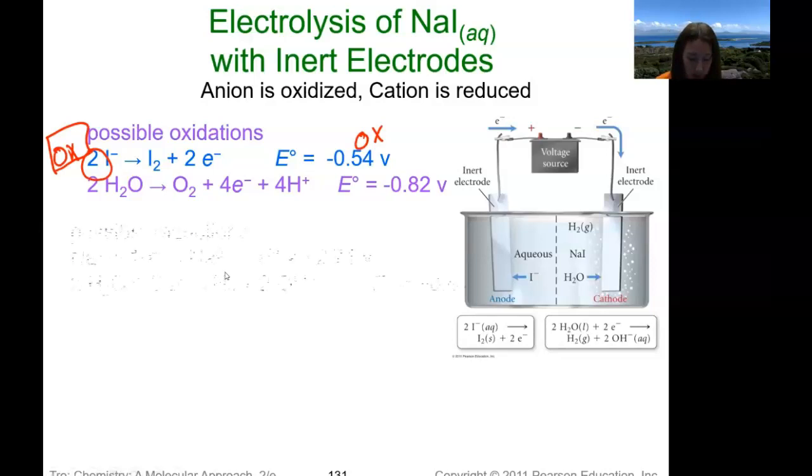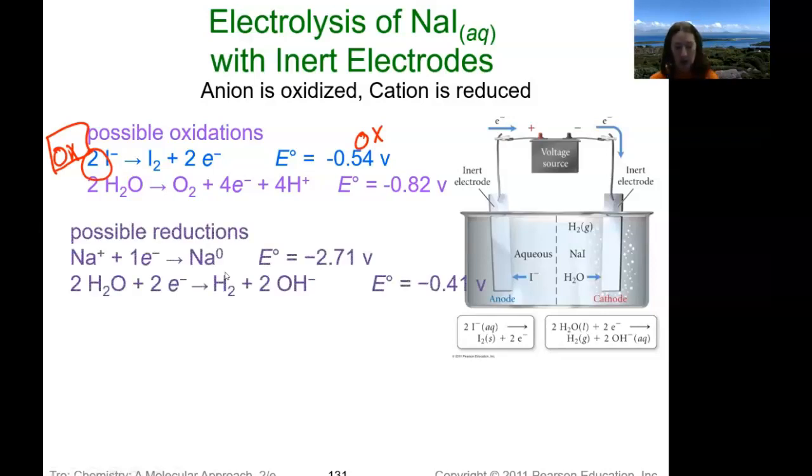It changes. So for our reduction, again, we have either negative 2.71 or negative 0.41. For our reduction, the half reaction with the more positive E is the easiest one to accept the electron. So therefore, water is reduced at the cathode, right? So this one's more positive, and so this is going to be our reduced.